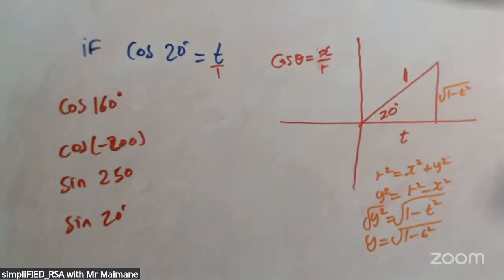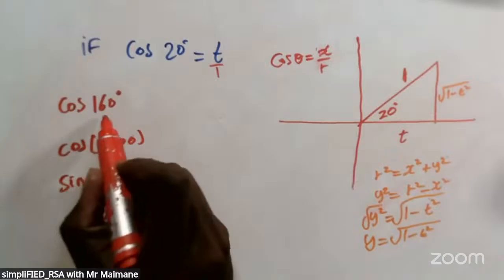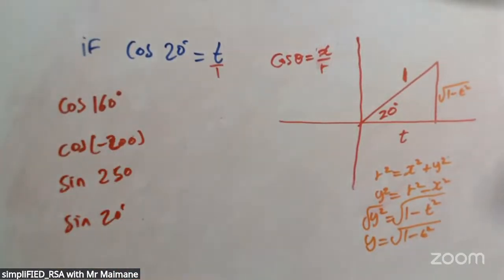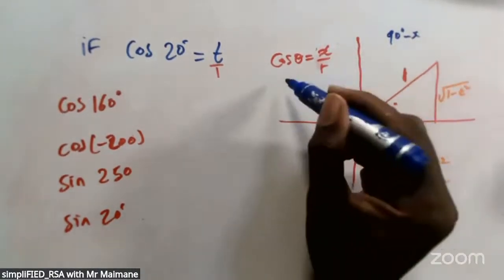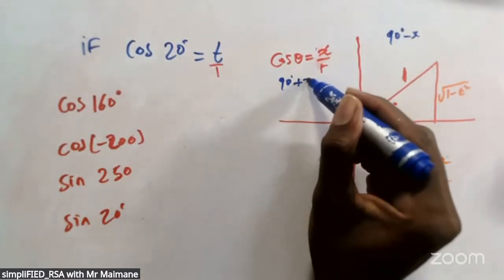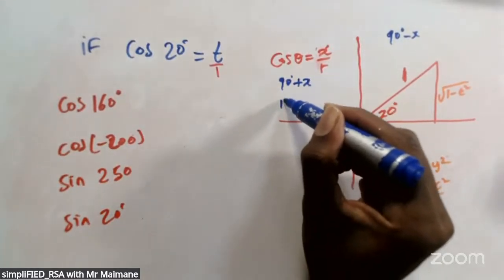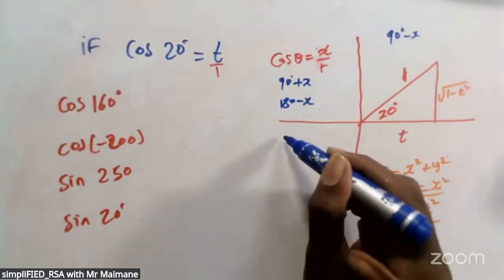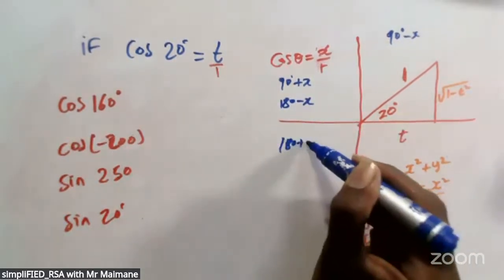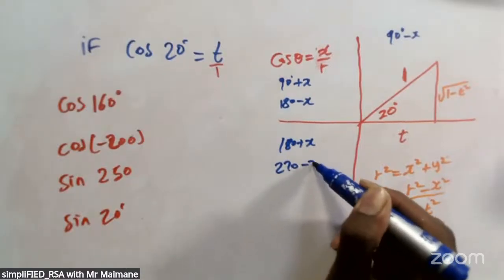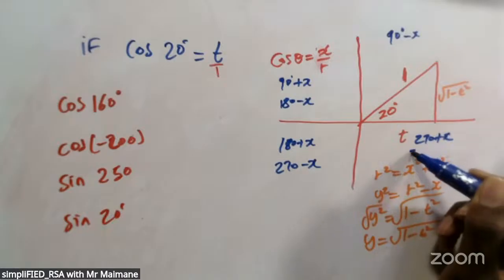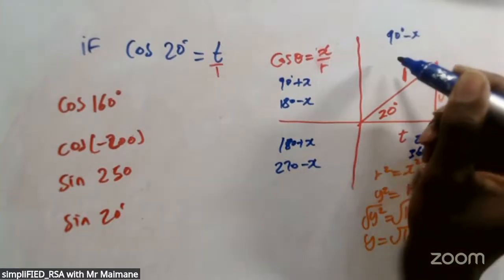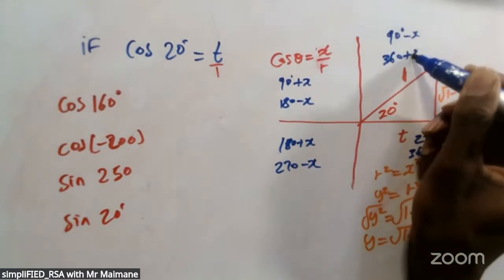So here, they gave us cos 160. We must manipulate our cos 160 to fit the standards of 90 degrees minus x, 90 degrees plus x, 180 degrees minus x, 180 degrees plus x, 270 minus x, 270 plus x, 360 minus x, and then 360 plus x.